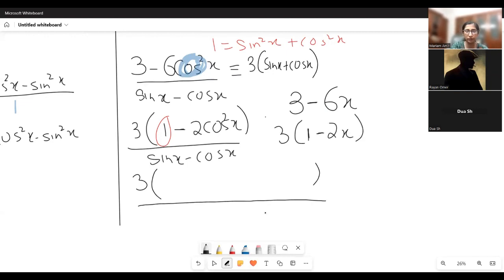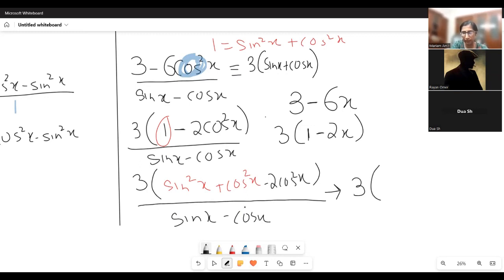Okay, so now I'm writing in place of 1, sin square x plus cos square x. Yes, now we're going somewhere. And then minus 2 cos square x over sin x minus cos x. Okay, this gives 3, and then I have sin square x minus cos square x, and in the denominator I have sin x minus cos x.